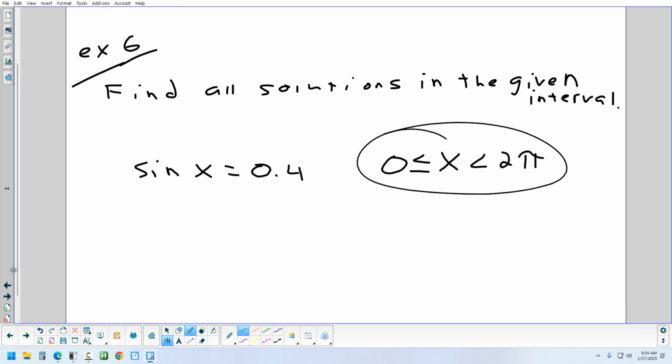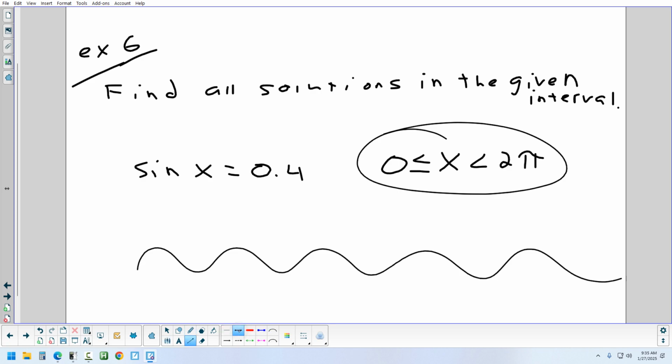If I put sine x in y1 and I put 0.4 in y2, sine x is just going to be a wave that continues like that forever. What's the highest that wave ever goes? Yep, 1. There's no transformations to it.